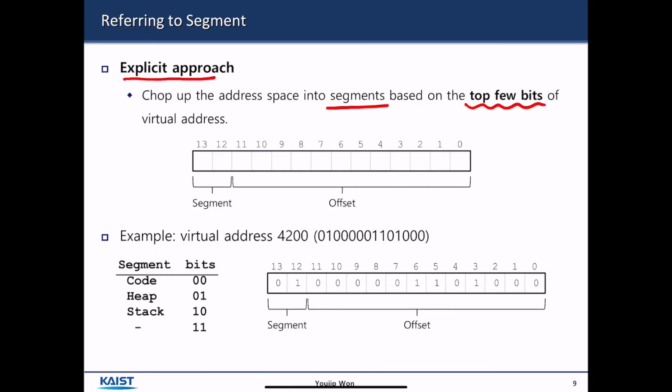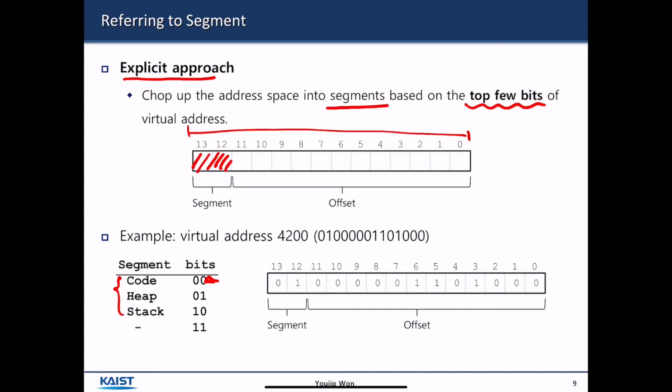There are 14 bits in total in this hardware architecture, and it allocates the leftmost 2 bits as a segment identifier. For example, the code segment uses 00, the heap segment uses 01, the stack segment uses 10, and because there are only 3 types of segment, 11 is not used.